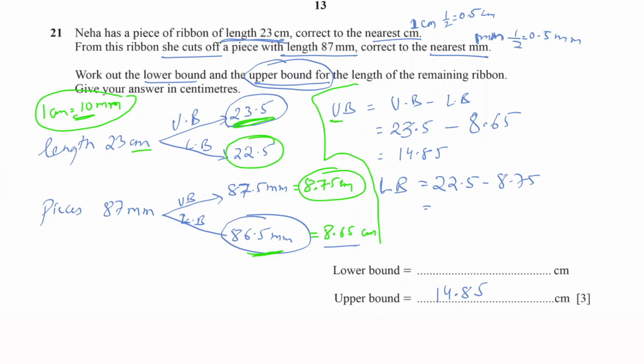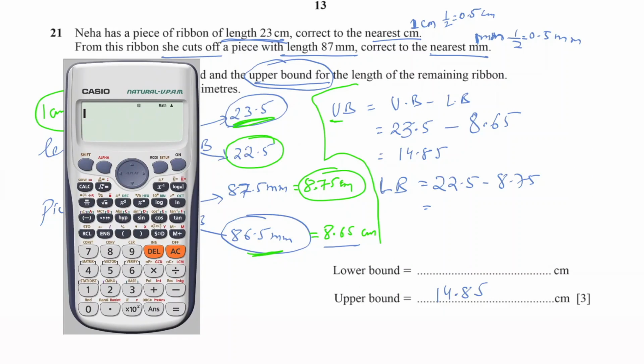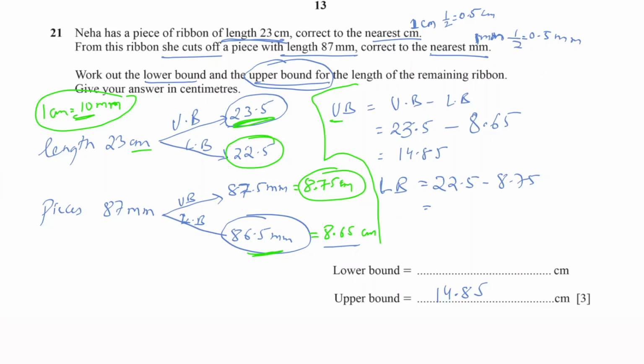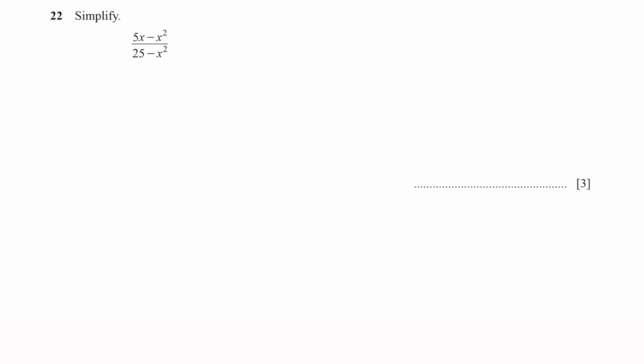Now let's take out a calculator to solve this. So we have 22.5 minus 8.75, and that gives me the answer 13.75. So this is our final answer, 13.75. So this is how we have to do this question. So let's move on.